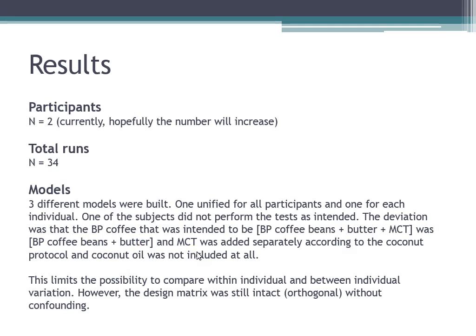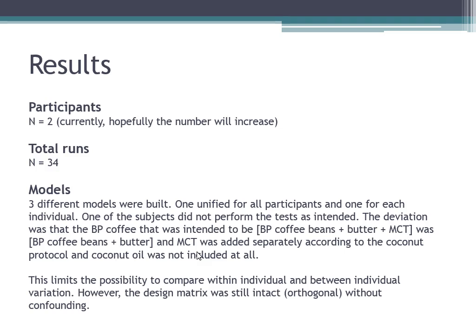So the MCT was not in there as the recipe says. That made the interpretation a little bit more difficult, because I would have wanted both to do the same experiment so we can see if there's any difference between the individuals as well. But it also gave us more information about the Bulletproof Coffee, even though that was not the intention of the study.